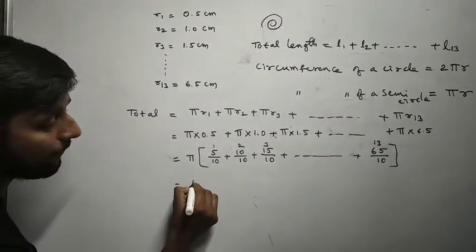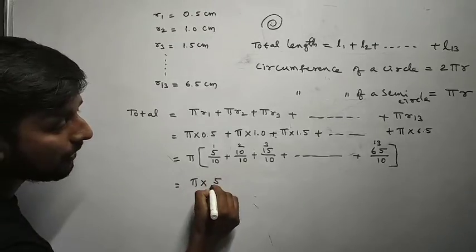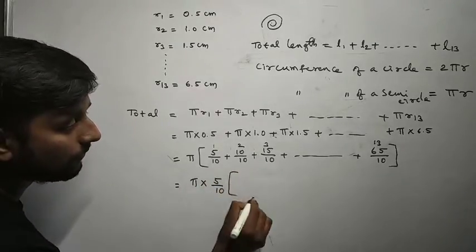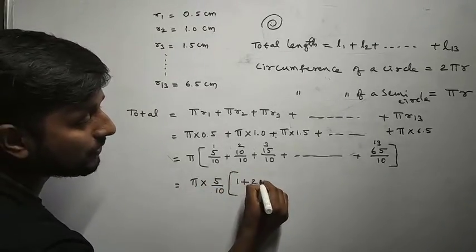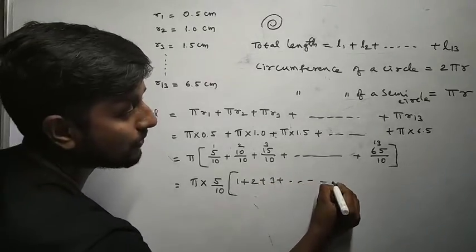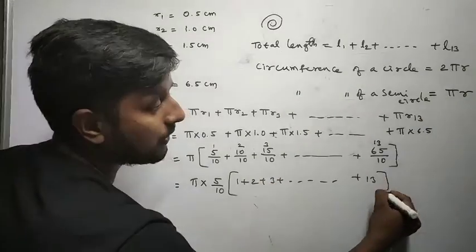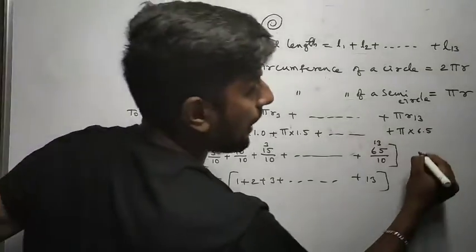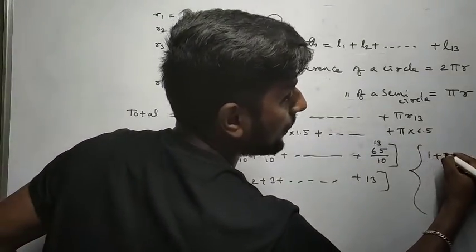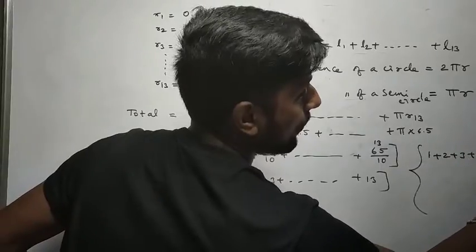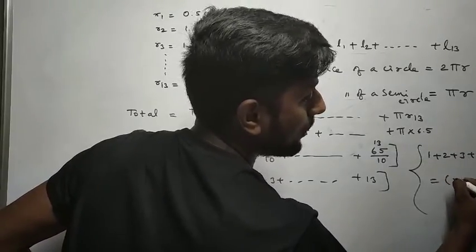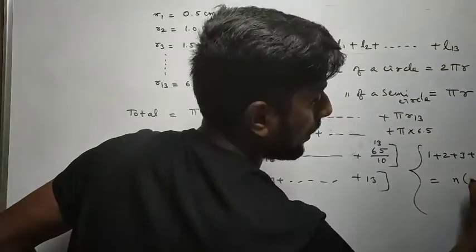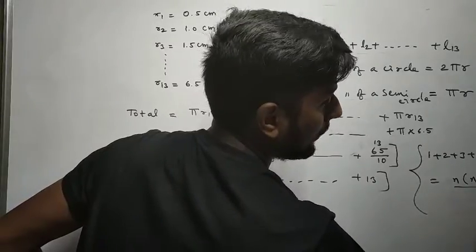So completely, if you take 5 by 10 as common, now 1 plus 2 plus 3 and so on up to 13. Okay. So we have a formula: the sum of the first n numbers is equal to n into n plus 1 by 2.